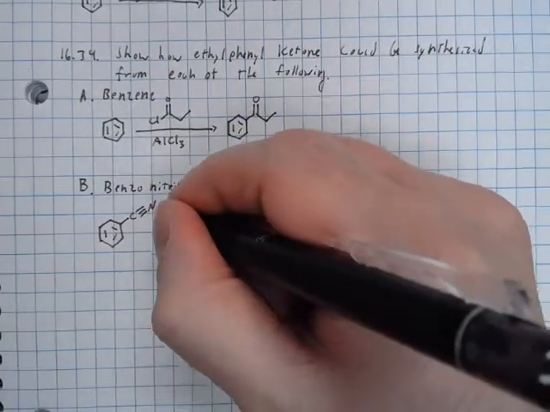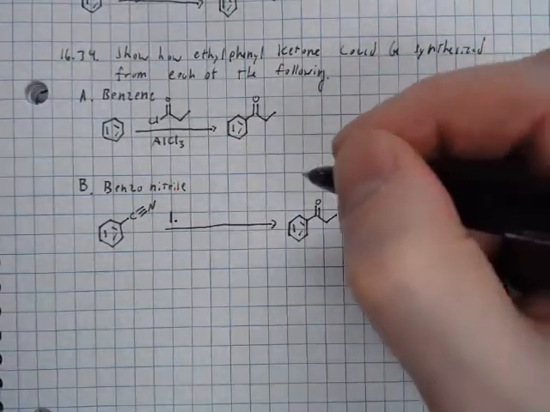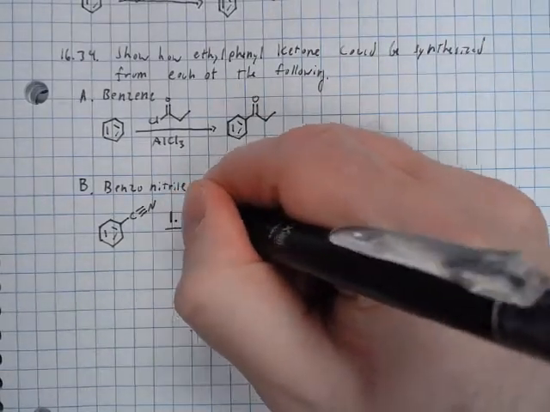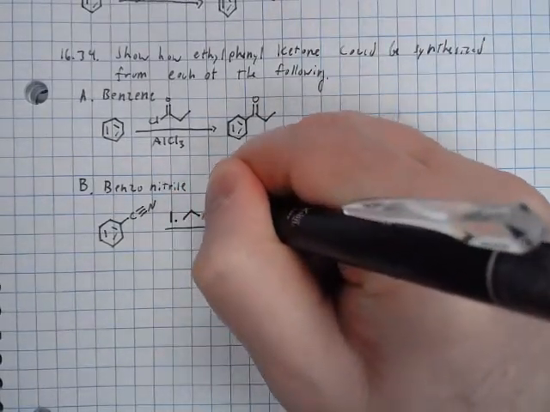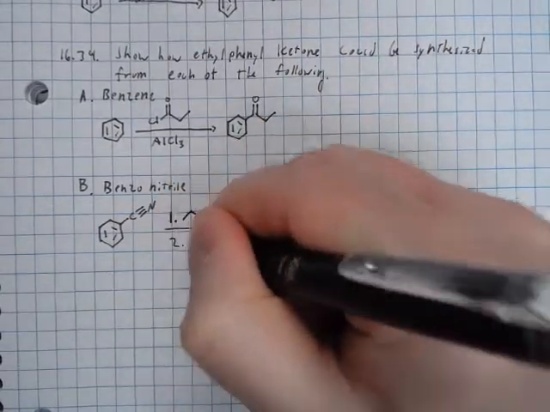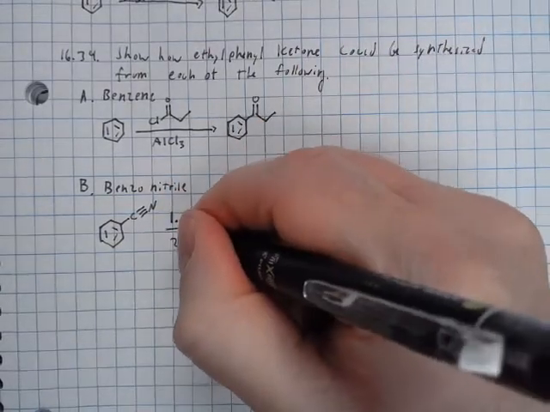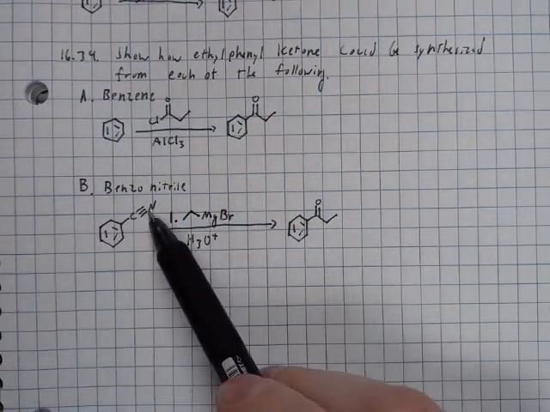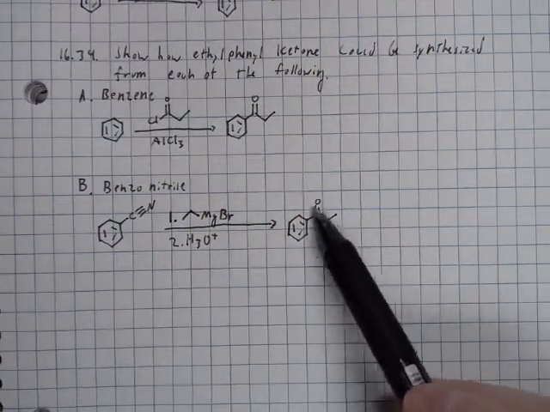So we can react this with ethyl magnesium bromide, followed by an acidic aqueous workup. And that will convert the nitrile directly to our ethyl ketone.